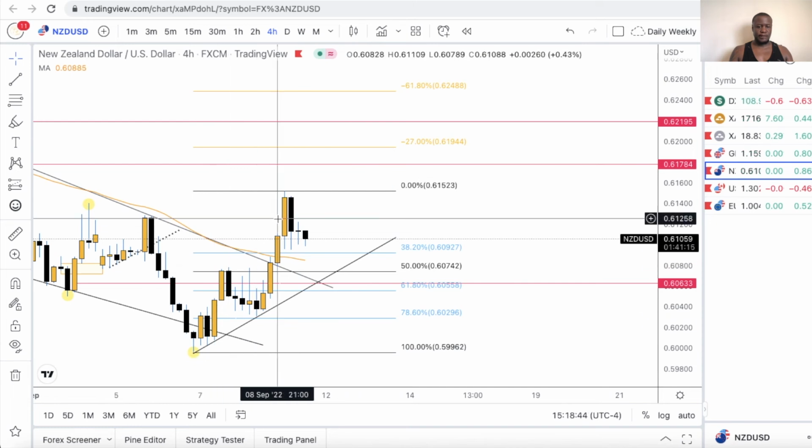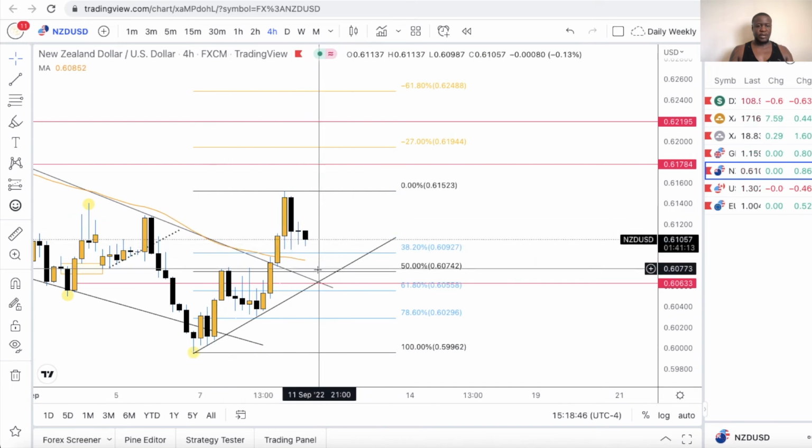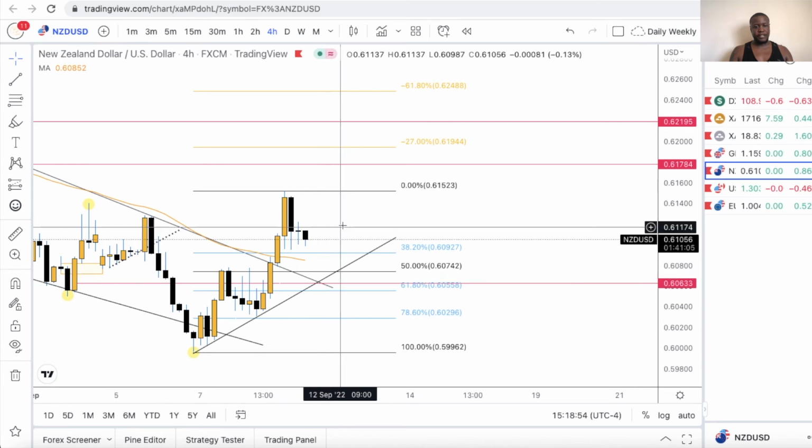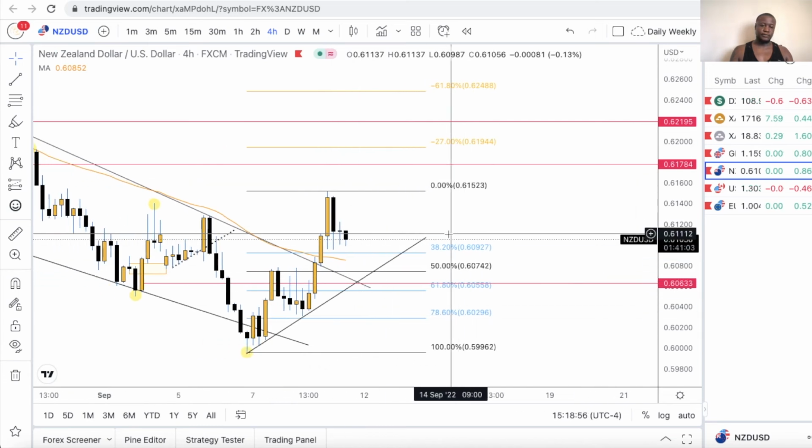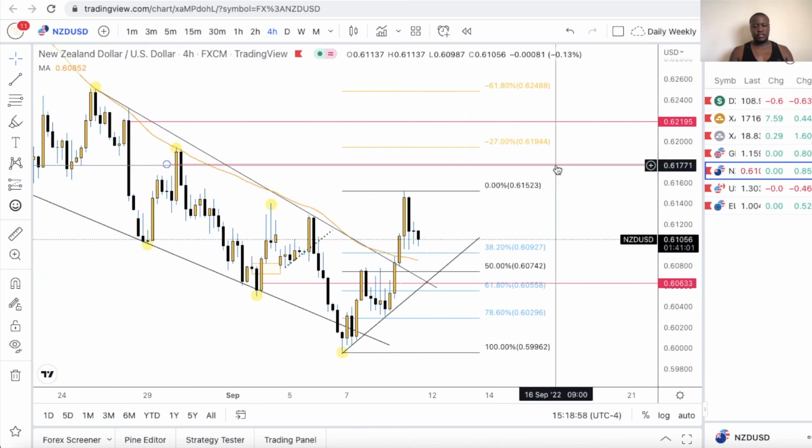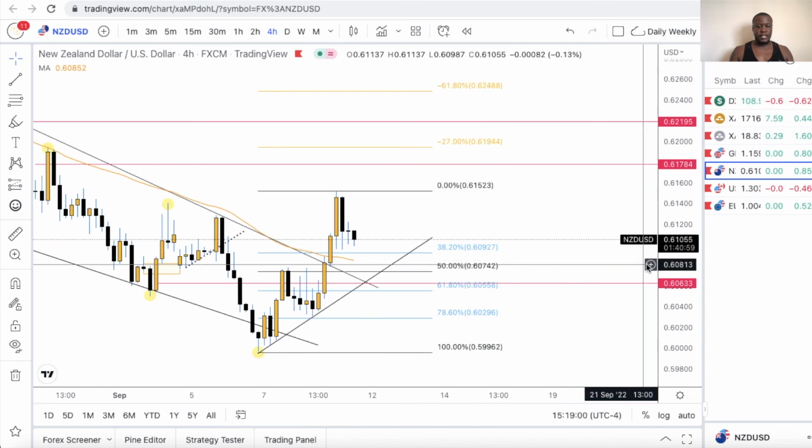It's a good possibility it could be at the 50 level, or just dip below the 50 level a little bit and then come back up. So that is my market analysis for New Zealand dollar for next week.